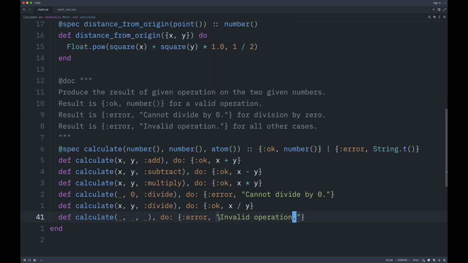So these are our 6 function clauses that would allow us to do the computation and provide the results that we are expecting based on our tests, as well as the purpose statement written up here.